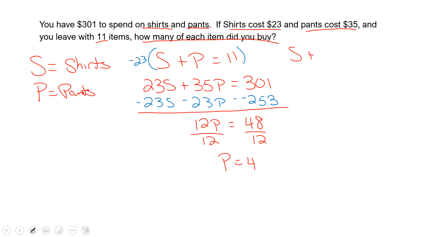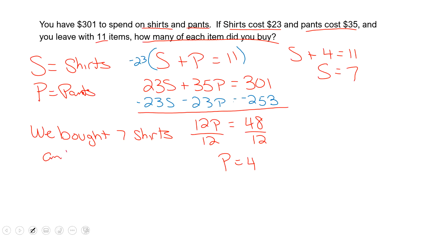Shirts plus pants, which is 4, equals 11. So shirts equals 7. So I have my numbers. We bought 7 shirts and 4 pairs of pants. And that will be our sentence: 7 shirts and 4 pants. Does that make sense? Everybody sees that?